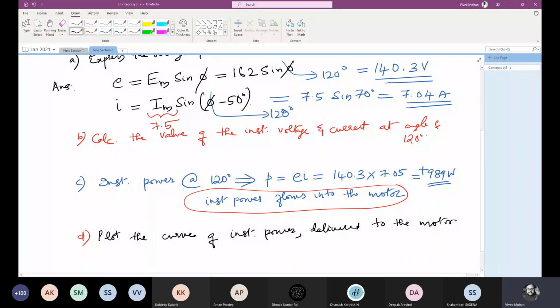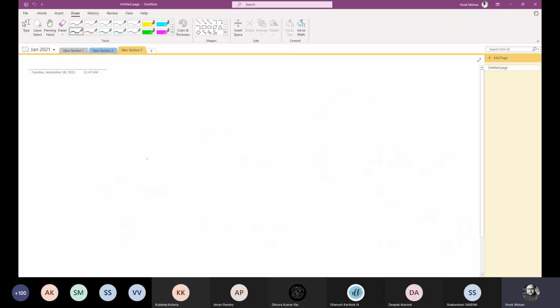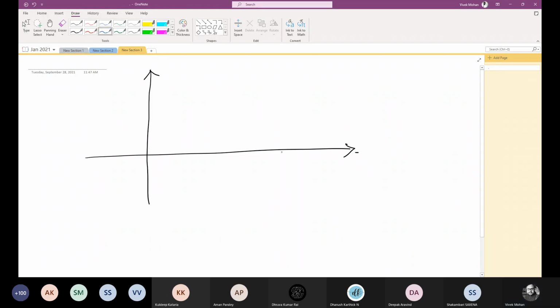How will I plot it? The instantaneous power. In this case, I am going to first draw the voltage and current waveform. Suppose my voltage waveform is like this. How will my current waveform be?